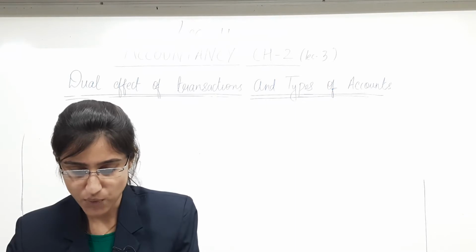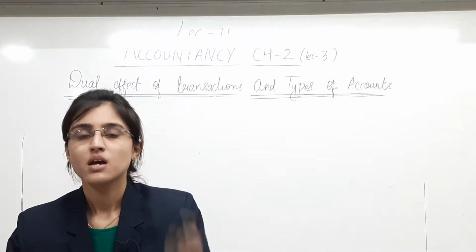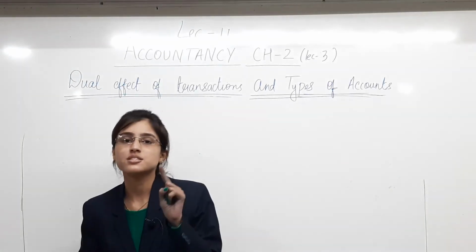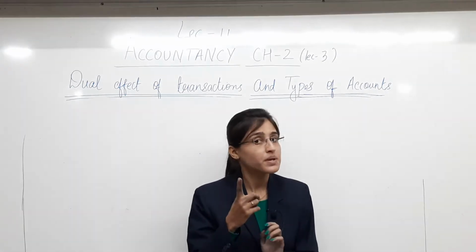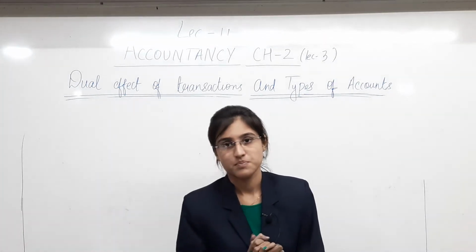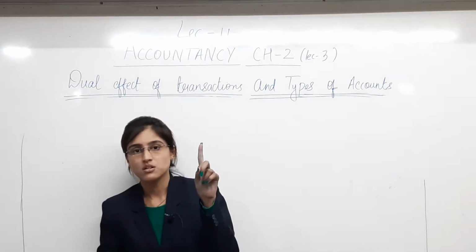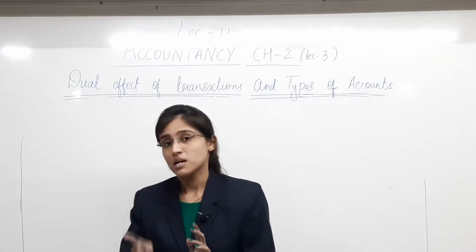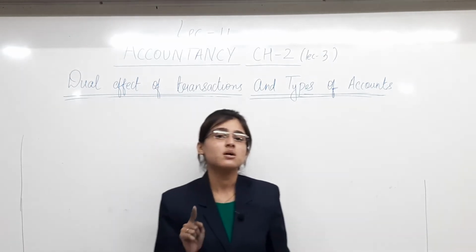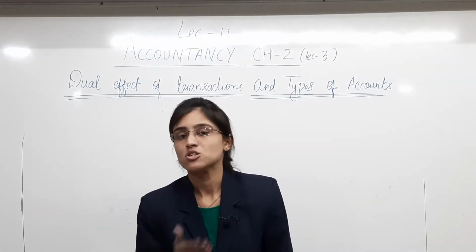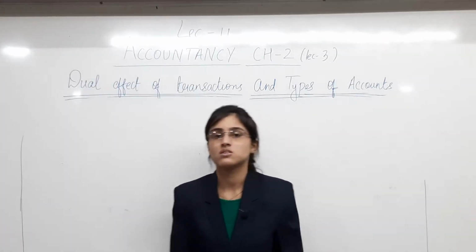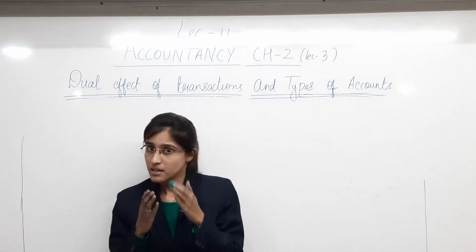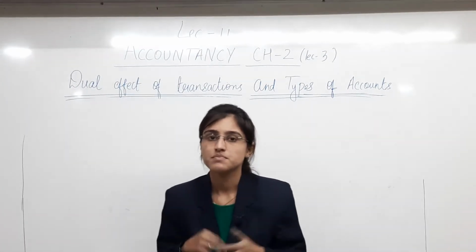Yes. Talking about the second transaction. Goods purchased for rupees 800. You have purchased goods for rupees 800. There is no mention of cash, paid, received, bank. But there is no mention about the party even. So when nothing is mentioned, the transaction is cash transaction.